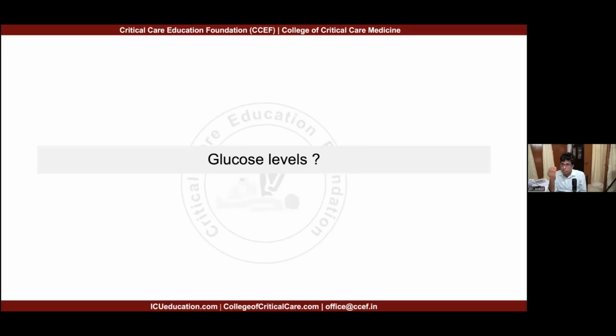So if we reduce the sugar levels too much, to 120, 130, 140, the tissue which is already damaged, where there is edema, will not receive the proper supply of glucose. So like all critically ill patients, maintaining blood glucose somewhere around 160 to 180 or 180 to 200 is fine. You should not target low glucose levels.